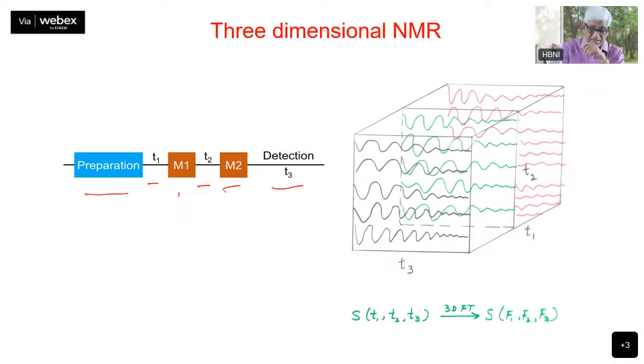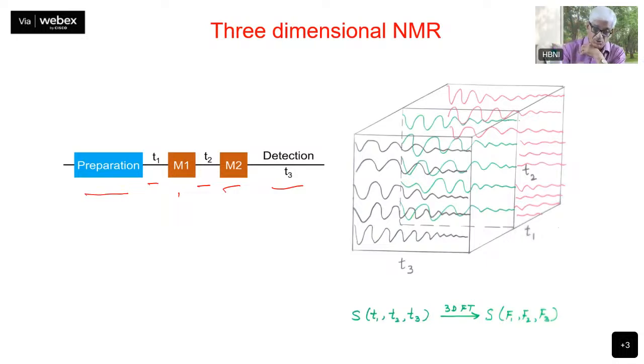So you get a series of FIDs for systematically incremented T1 and T2 values. You may decide to do a large number of experiments along T1, a large number along T2, and then of course you detect T3. Therefore, obviously, you will now have a cube or cuboid of FIDs as a function of T1 and T2.